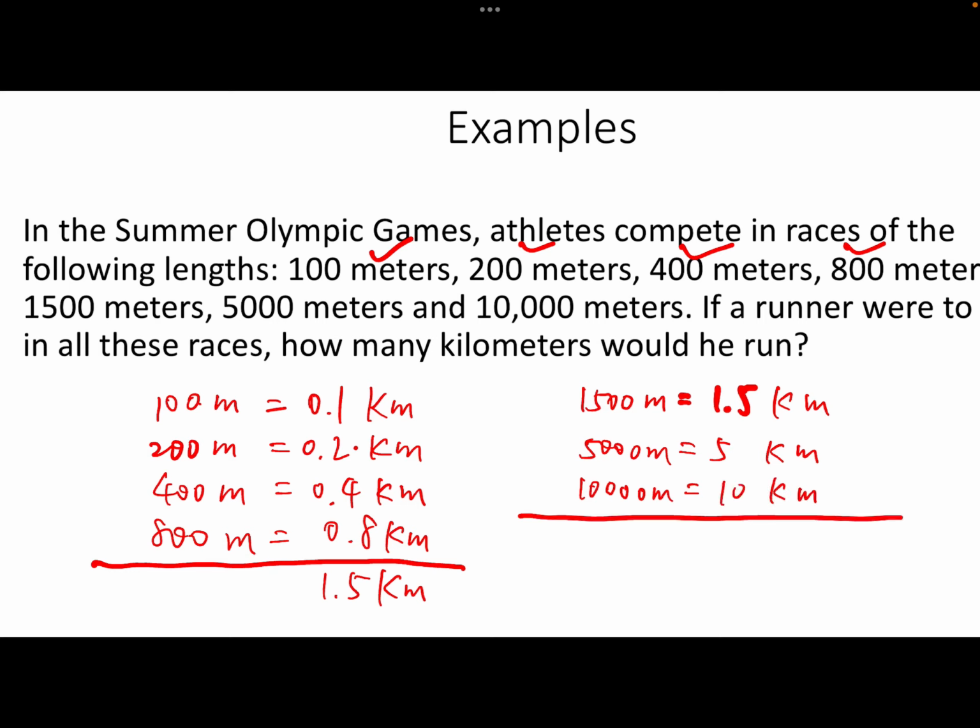And add these 3 together, that's what? 16.5, right? So we are done with these 3. 16.5 plus 1.5, added together, that's 18 kilometers total. So the conversion rate is 1 kilometer equals 1,000 meters. Okay, that's the metric system.